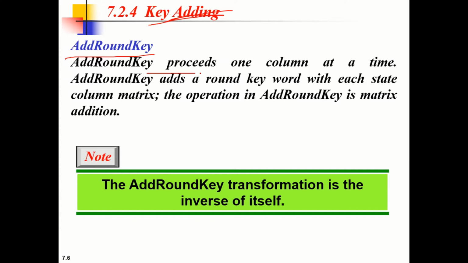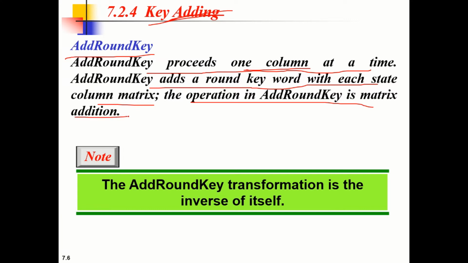This add round key proceeds one column at a time. Again, we are making use of the state, column wise, right? So add round key adds a round keyword with each state column matrix, and the operation in add round key is matrix addition.